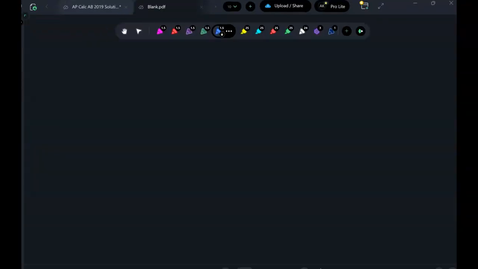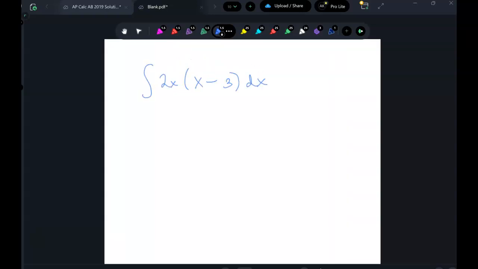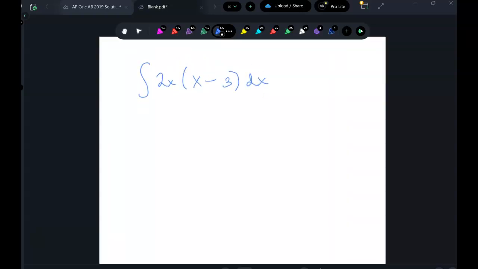Is that u substitution? If it's 2x times x minus 3, or is that an x squared minus 3? If that were my equation, I would multiply this out. Oh, that's so easy. That makes sense. Now look at it, I still can do u substitution, or I can multiply it out.